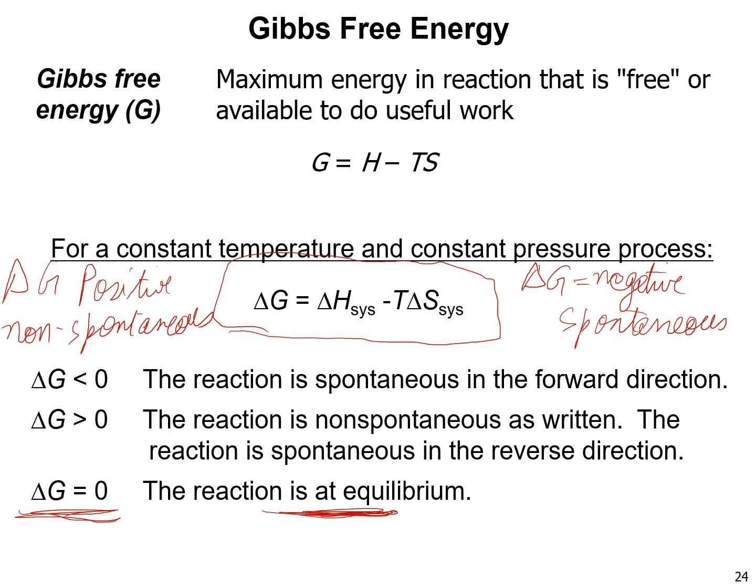So if I write A is changing to B, and I tell you delta G for this reaction is positive, this reaction is non-spontaneous, but the reverse of this reaction is going to be spontaneous. A reaction can go only two ways: either it is spontaneous or it's non-spontaneous. So if this is non-spontaneous, the reverse of this is going to be spontaneous. That's the only thing that I want you guys to remember.